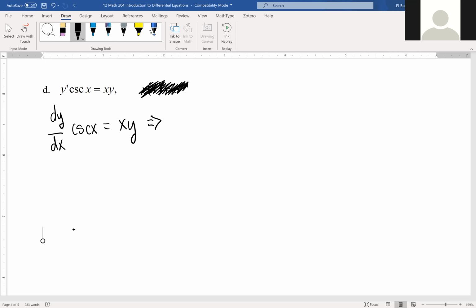So just to prove a point, I'm going to move this x to this side, and I'm going to move this dy to that side. So to move the x to the left, I would need to divide by x.